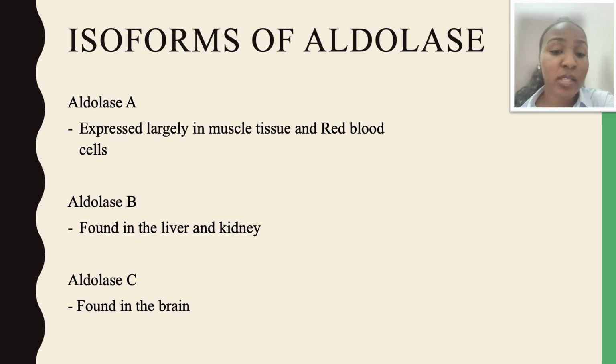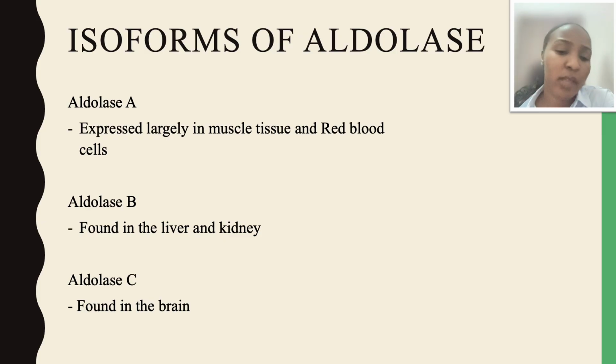And especially with aldolase B, I'm going to explain later on in the presentation that aldolase B is the only enzyme that's used to catalyze a specific molecule. So those are the differences between the different isoforms of aldolase, which is pretty interesting.